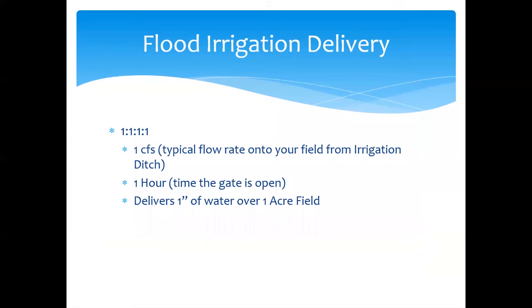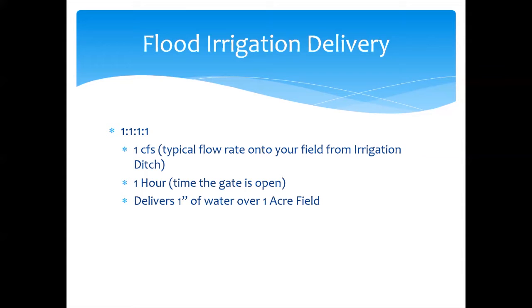Flood irrigation delivery for this. We were talking about this earlier with somebody. You've got 1 CFS flow rate onto your field, and your gate is open for 1 hour. You're going to give your field 1 inch of water on 1 acre.